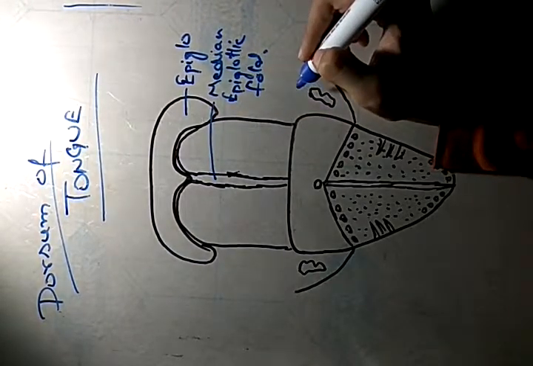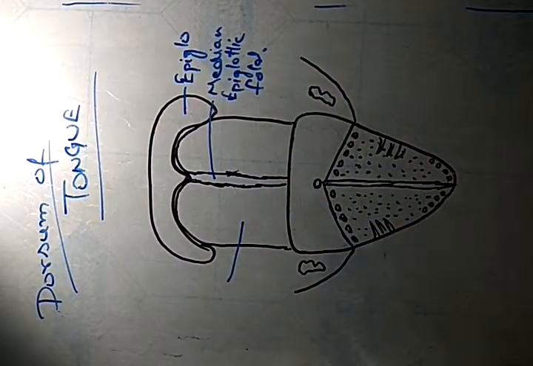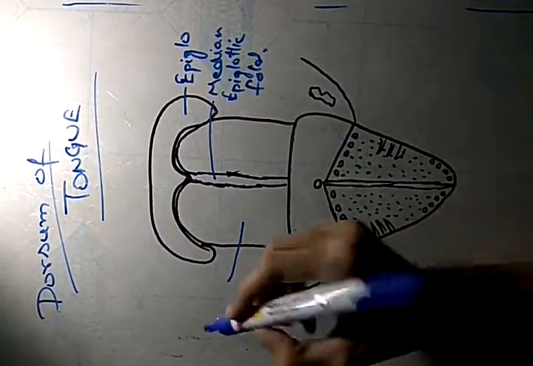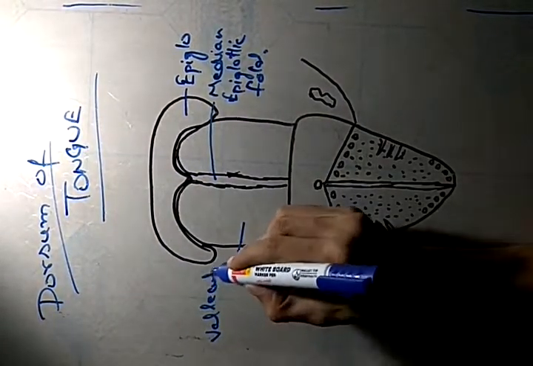Okay, and then we have vallecula. These two bunny ears that we have made are known as vallecula. Now, how do we spell it? It is very easy. Vallecula. Okay.